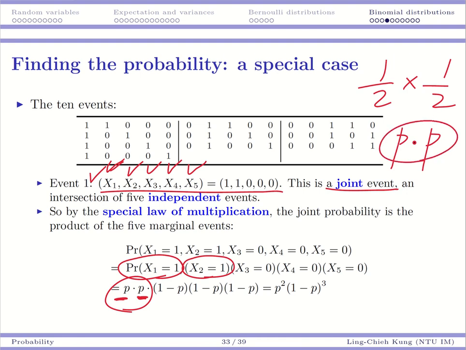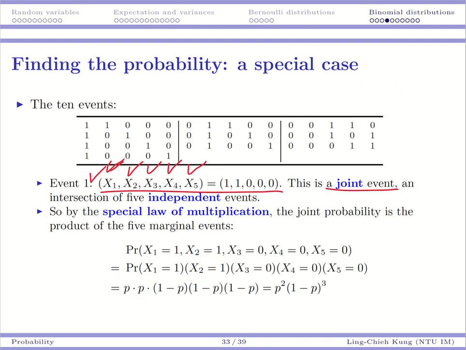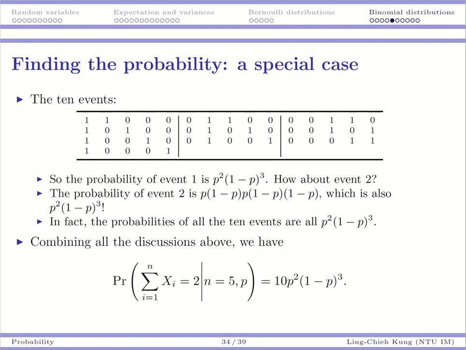So you need to get 2 successes, so you have P times P, and you need to get 3 fails, so you have 1 minus P 3 times. So that's how you get P squared times 1 minus P to the power of 3. Okay, so the probability for event 1 is this.